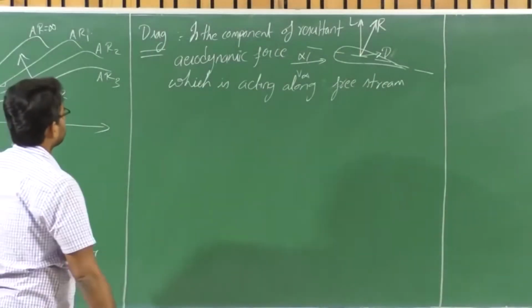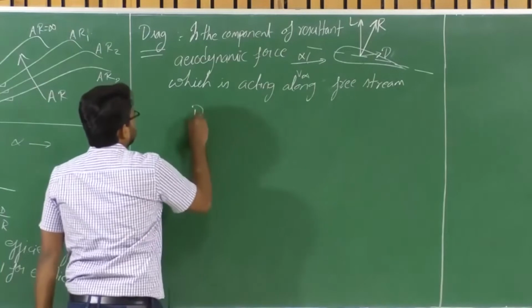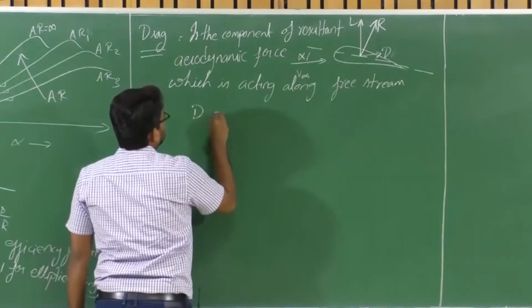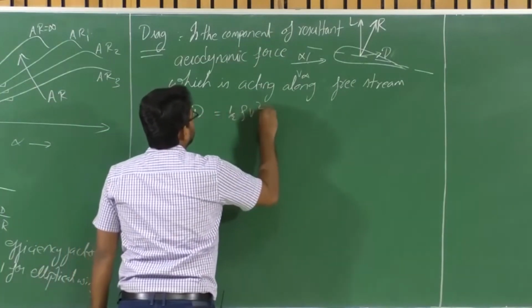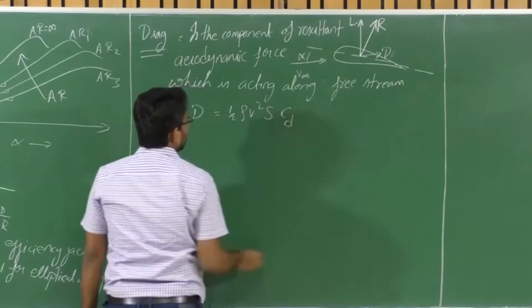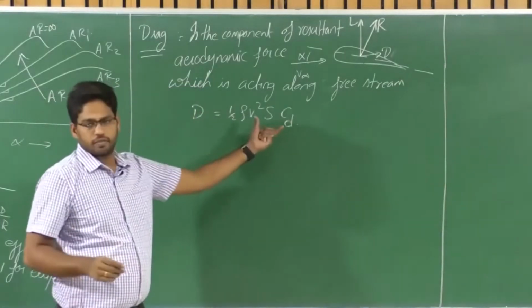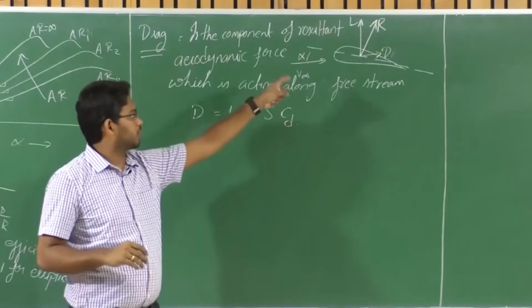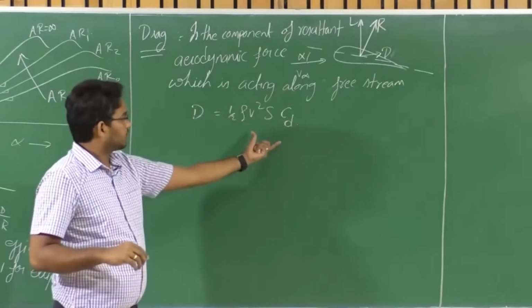Okay. Fine. And we know drag is given as half rho V square S times CD, right? So we are talking about infinite wings. We are considering an aerofoil in the first place.